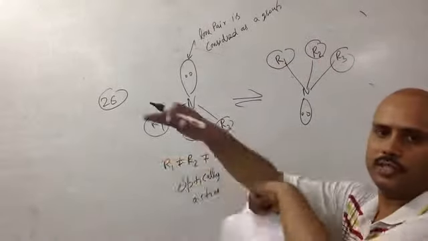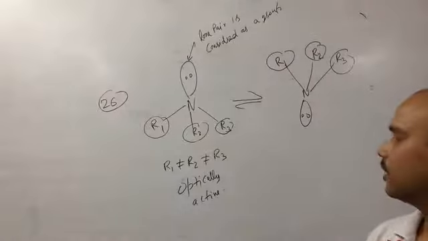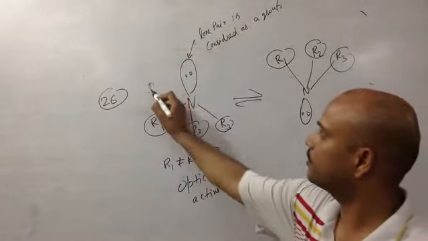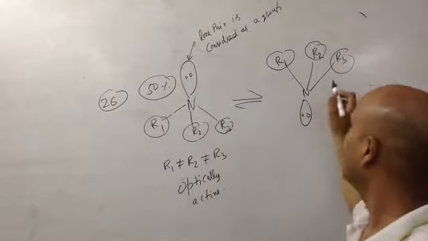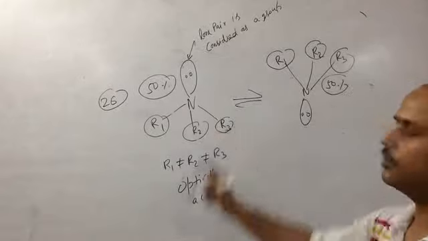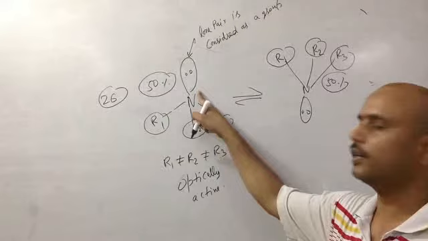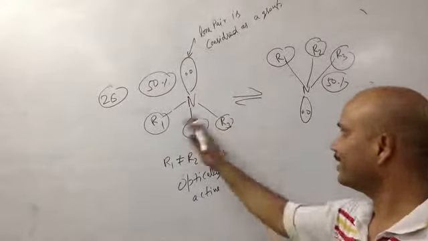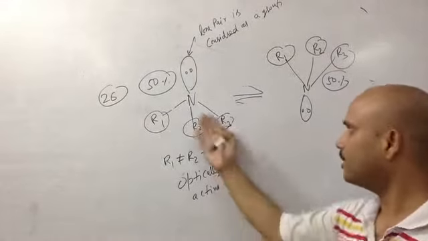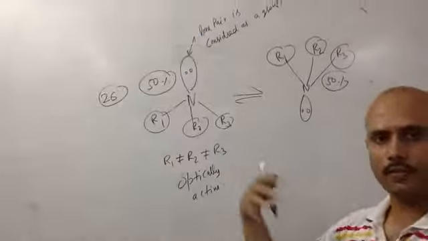It keeps on changing between these two. Therefore, you will find that you have 50% of this and 50% of this. Therefore, you cannot resolve nitrogen having three different groups and one lone pair as either D or L. You will always have one isomer flipping into another. You will always have a mixture.